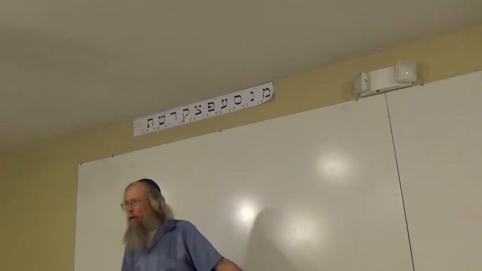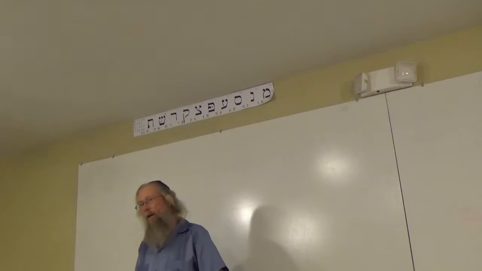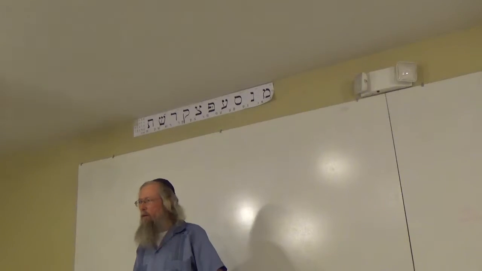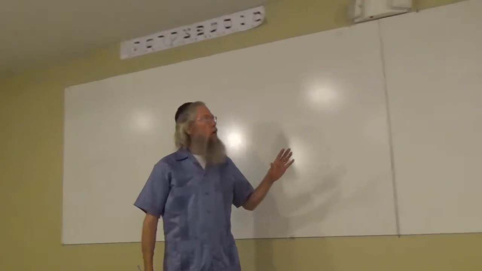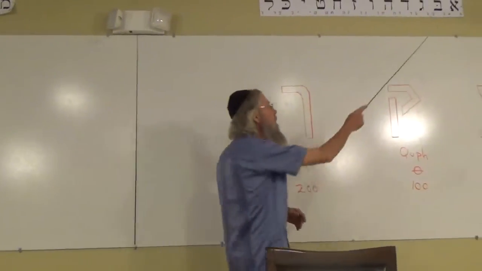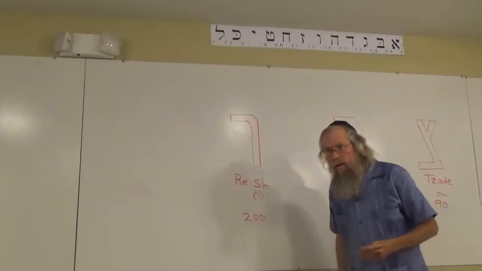And that's the end of their numbering system. So what happens, because we know that there are bigger numbers than 400? Well, they will either take an aleph and make that 1,000.